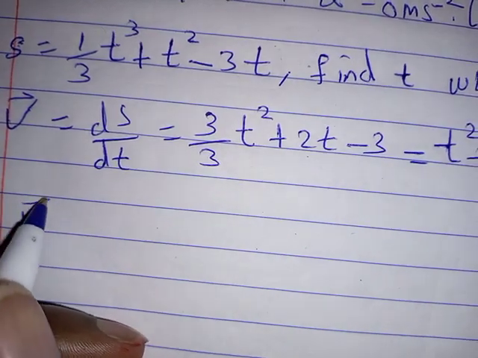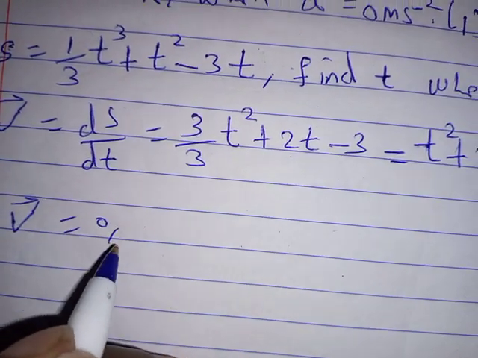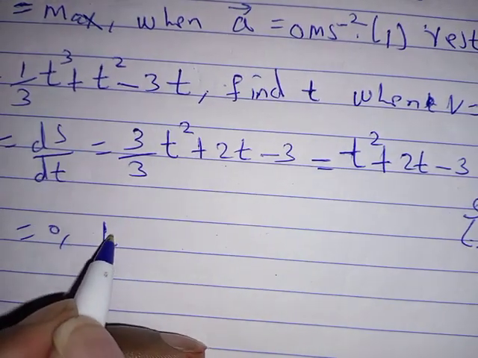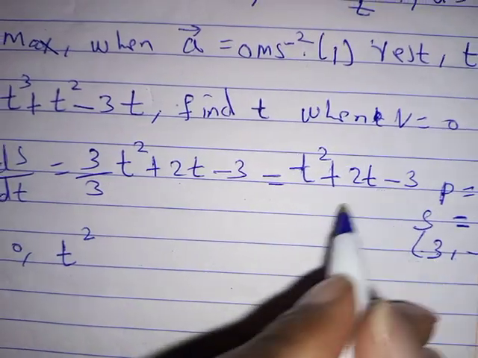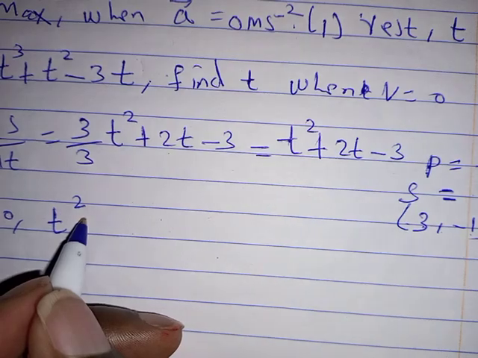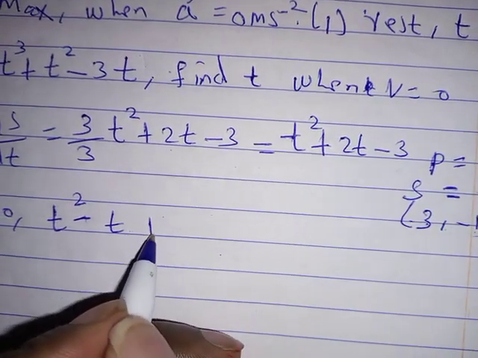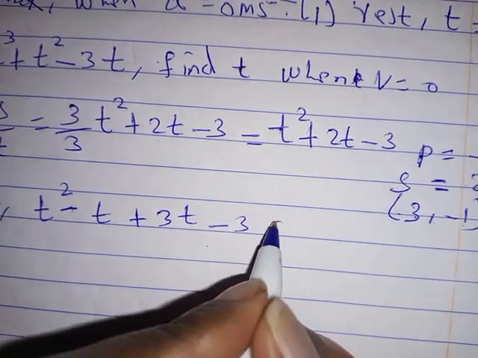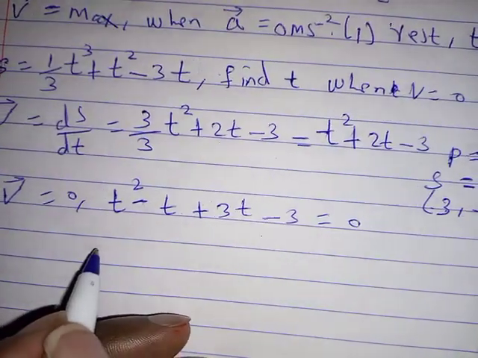So when v is equal to 0, we equate the derivative with 0. So we are going to have t squared, instead of 2t we replace with 3t minus t, minus 3 is equal to 0.